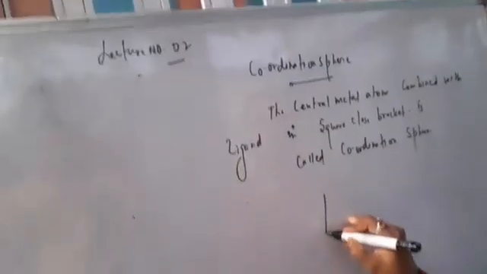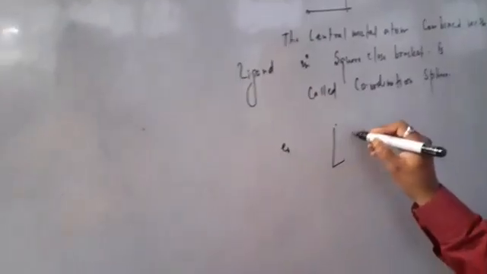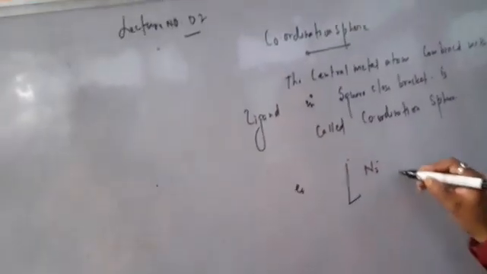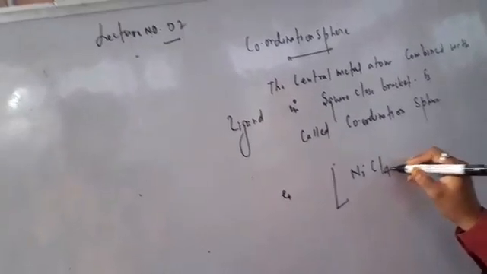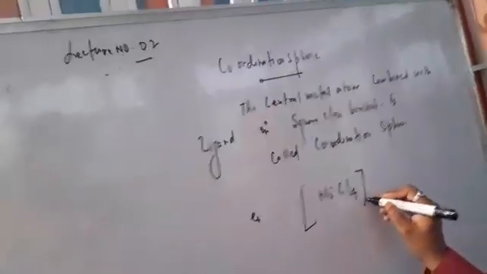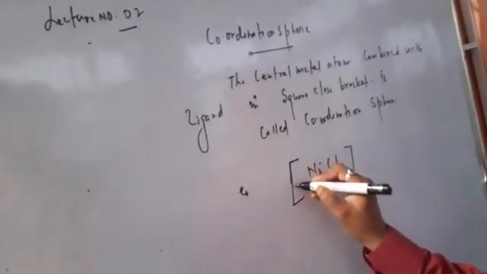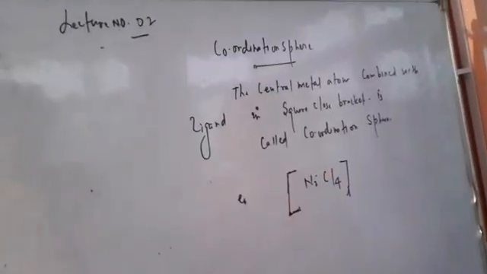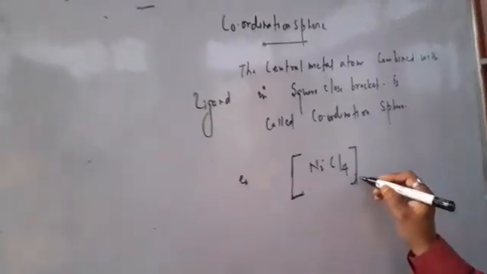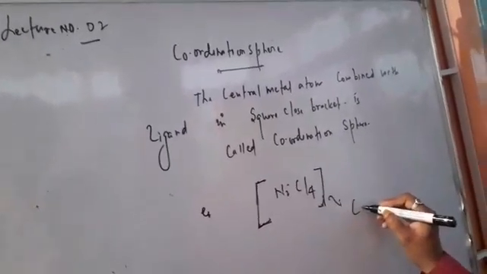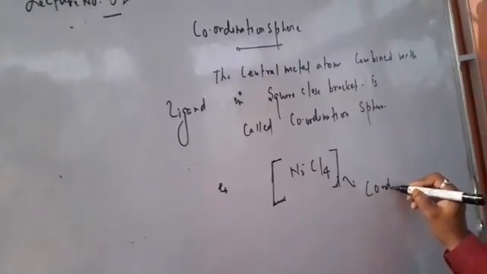Like the example of [NiCl4]2-, this is nickel, which is surrounded by 4 chloride ligands. So the coordination compound is always kept in a square closed bracket. This is known as the coordination sphere.